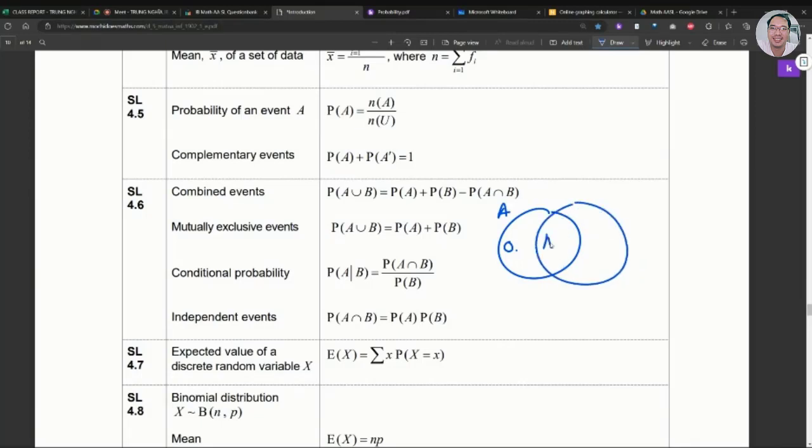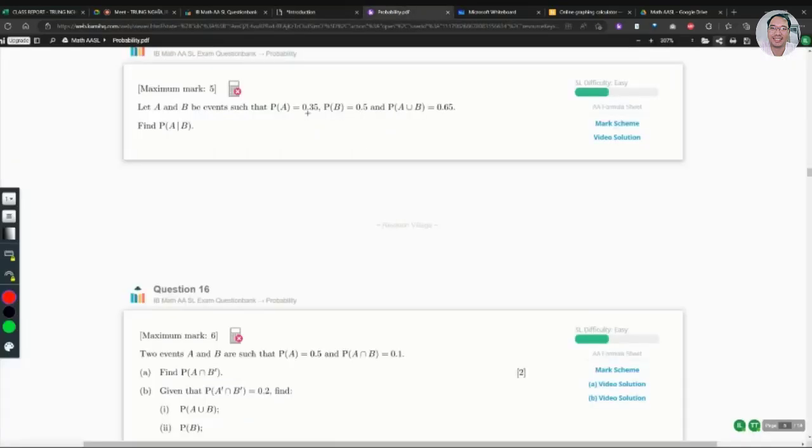This left part can be called the P(A and not B). This part without the intersection is called the P(B and not A). We're given that P(A) is 0.35.